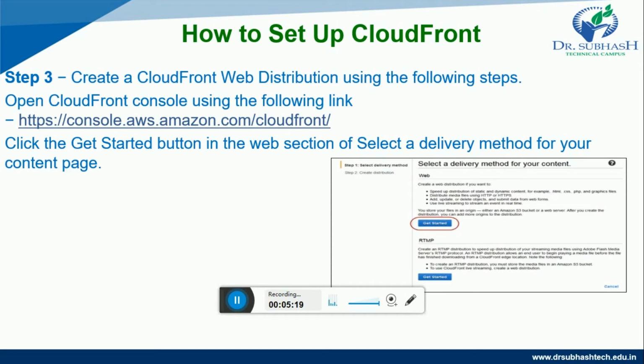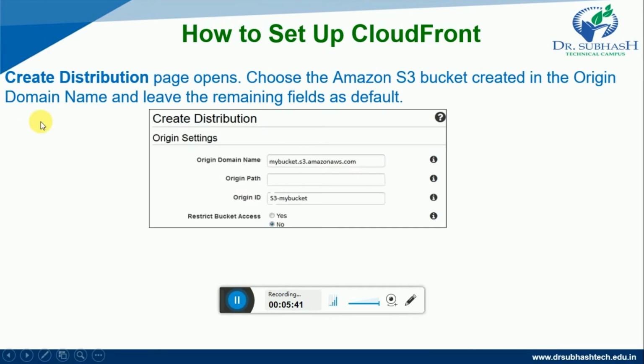In that, open the CloudFront console using following link. Click the Get Started button in the web section of the select a delivery method for your content page. Here you can see in this picture, you have to select a delivery method for your content and you have to click on that Get Started button. After that, the create distribution page opens.